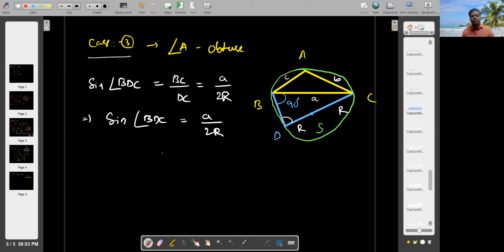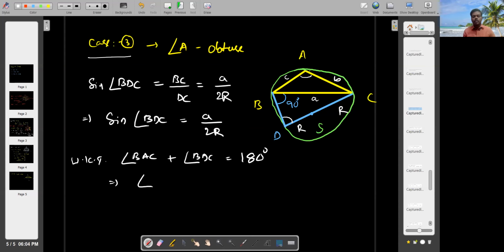Now, if you observe, the vertices A, B, D, C are on the circle, so it is called a cyclic quadrilateral. In a cyclic quadrilateral, the sum of opposite interior angles is 180 degrees. So angle BAC plus angle BDC equals 180 degrees.